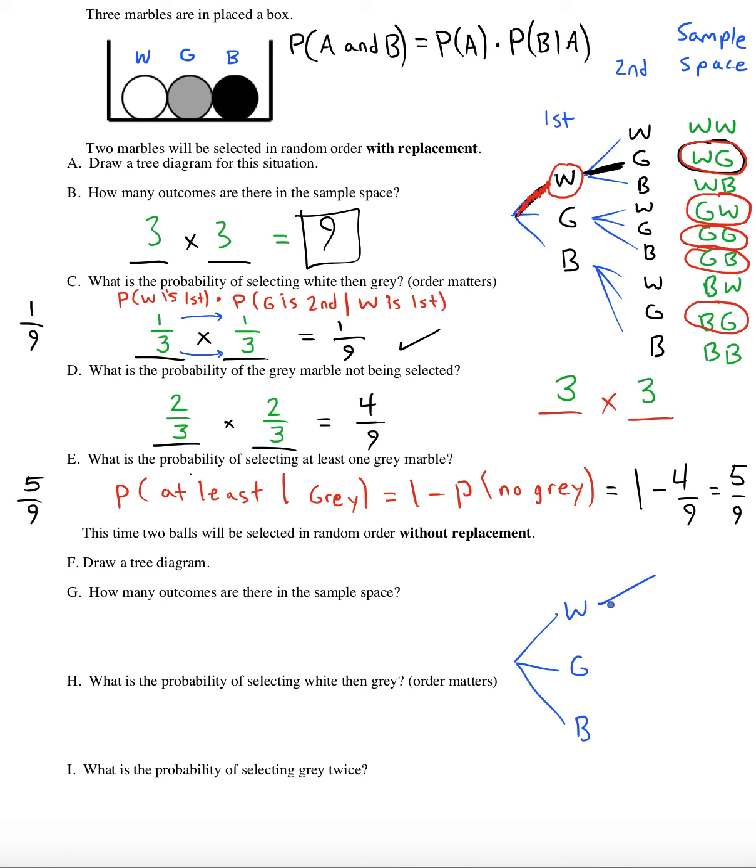So if we take the white path, then white does not get allowed to go back into the bin, which leaves our only possible remaining choices to be gray and black. If you take the gray path, on the other hand, then gray would be removed, and the only remaining choices will be white and black. If black is chosen first, then white and gray could be picked next.